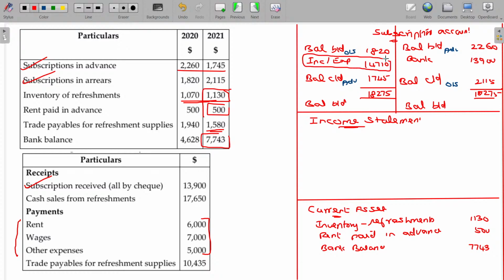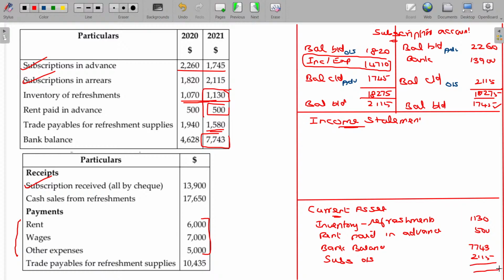Is that okay? Now, this advance amount 1,745 and 2,115 will also be considered as your income. I'll post that value here. Subscription outstanding 2,115.